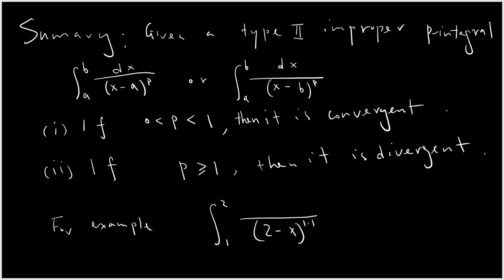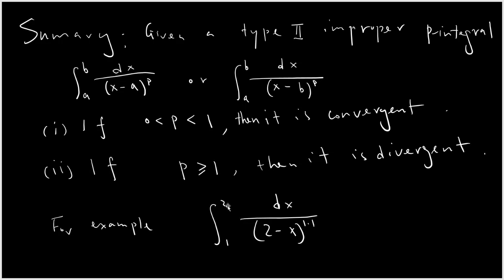And probably I could include 2 more cases, but I guess you have seen the pattern. So do you want to tell me, is this integral convergent or divergent? It's an improper integral for sure, because the function is undefined at 2, right?